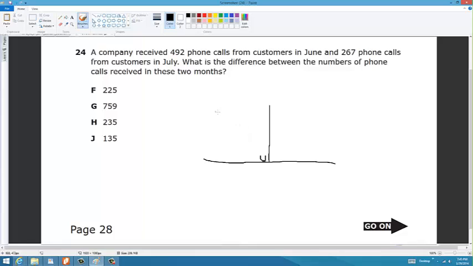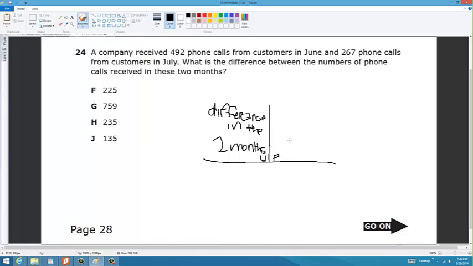So we're just going to give ourselves a little note here, and we're going to write the difference in the 2 months. Alright, and this box is for our plan.